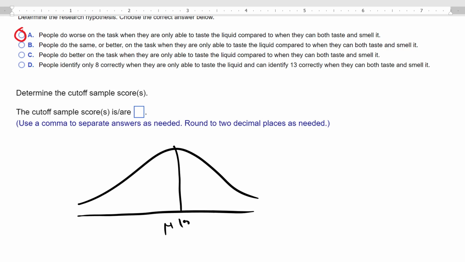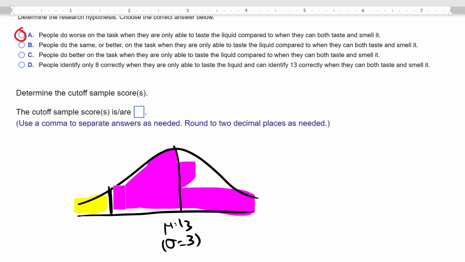So our mean was 13. Standard deviation was 3, I believe. And we're wanting this value right here, right? So our cut score, right, is separated by these two pieces.